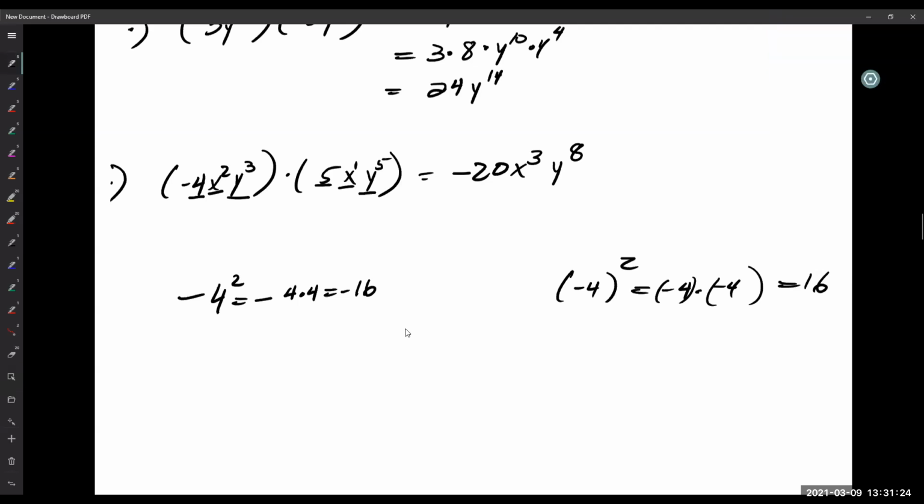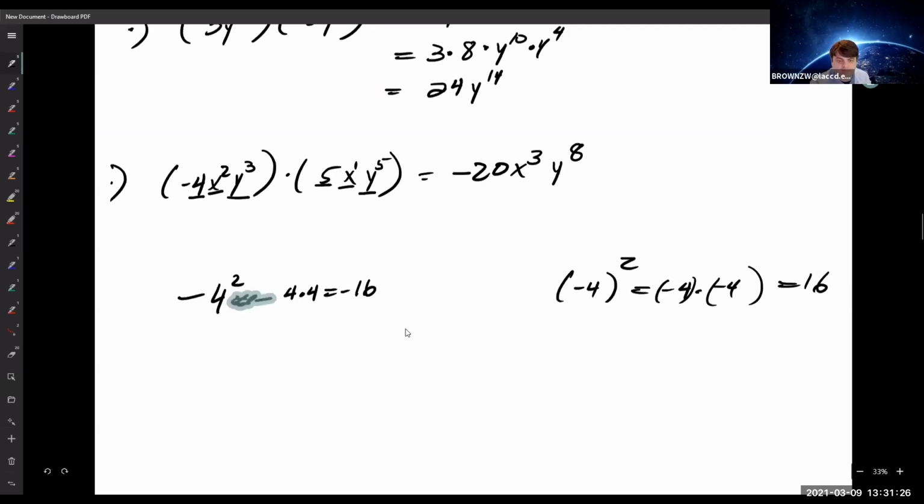Here, we're treating this as a 4 squared with a negative in front. We don't write it that way per se, but when we write it like this, we're saying do the exponent part first and then apply the negative after the fact. If I want you to actually include the negative in your squaring, I'll have to put parentheses around it. Does that make sense?